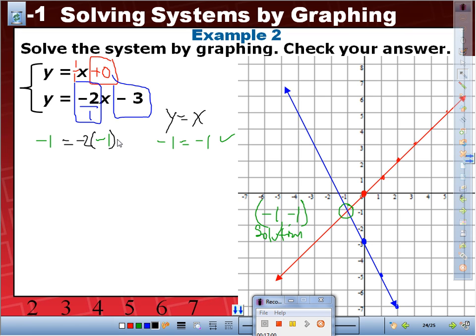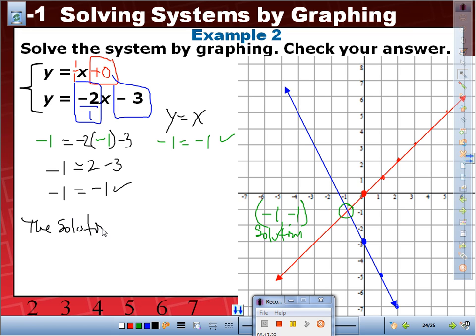The equal, the -2, and the -3. So what is -2 times -1? +2. I bring everything else down. Is 2 minus 3, that's -1. Is -1 equal to -1? Yes. So therefore, did it make both equations true? Yes. So all we need to do is write our statement.